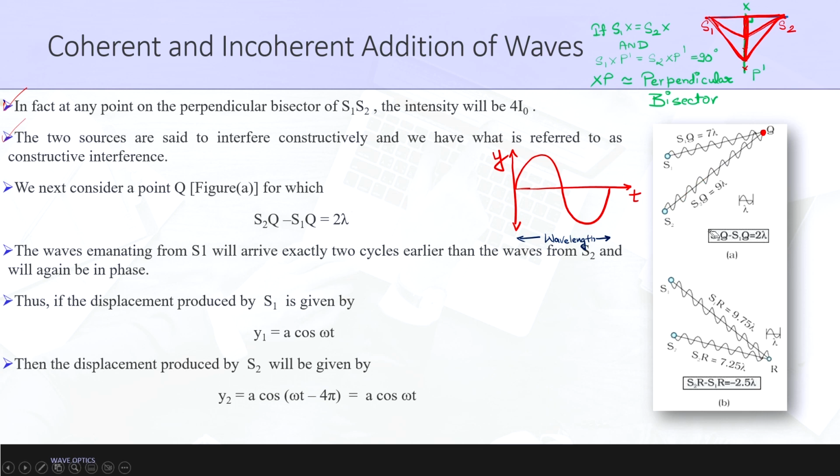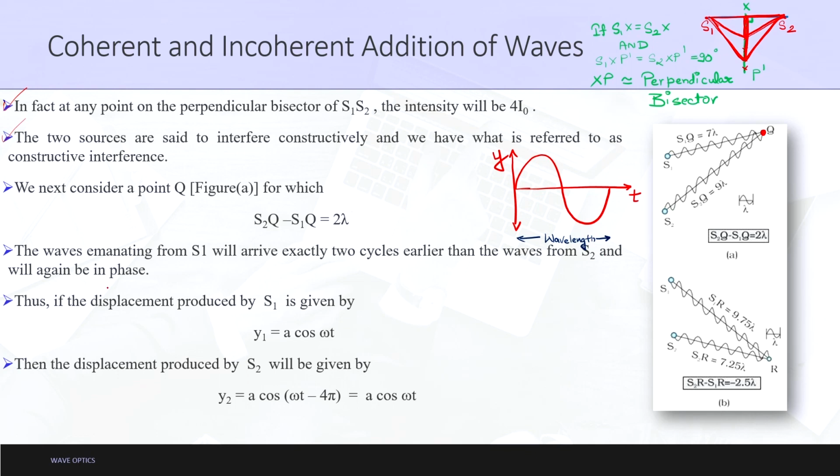Because the number of cycles is less for source S1, it arrives exactly 2 cycles earlier than the waves from S2 and will again be in phase.